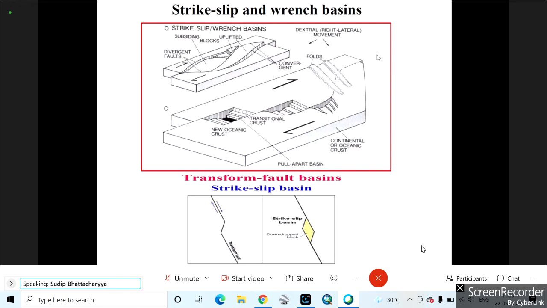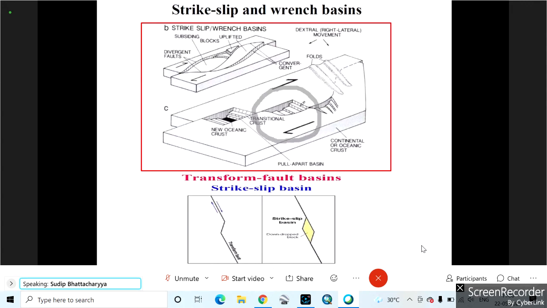This part I am telling about. Here, this is a right lateral, right stepping fault, or a transtensional bend of a shear joint. Here, the northern part is moving towards your right, and the lower part, the southern part, is moving towards your left.